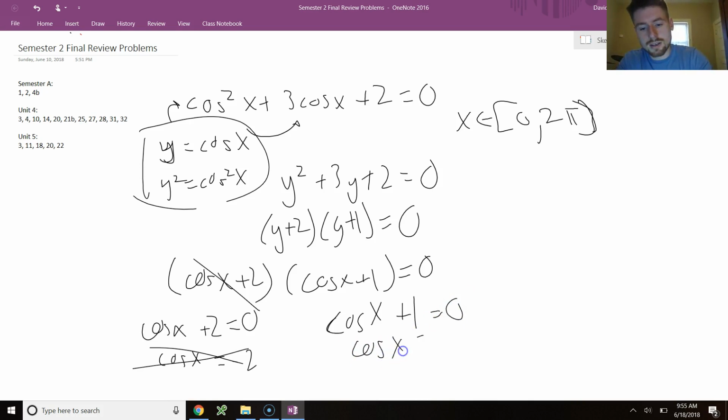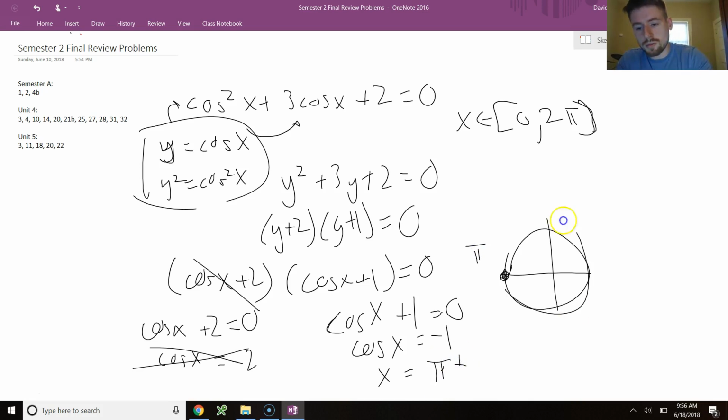Cosine of x is -1, and so that says x is equal to, if I think about the unit circle, where is cosine equal to -1? My x is -1 over here, so that's at pi. So that says x is equal to pi plus any multiple of 2 pi thereafter. It's 2 pi n.